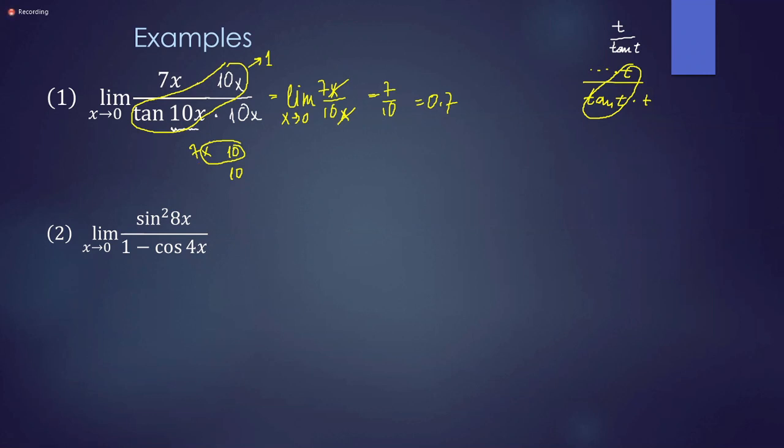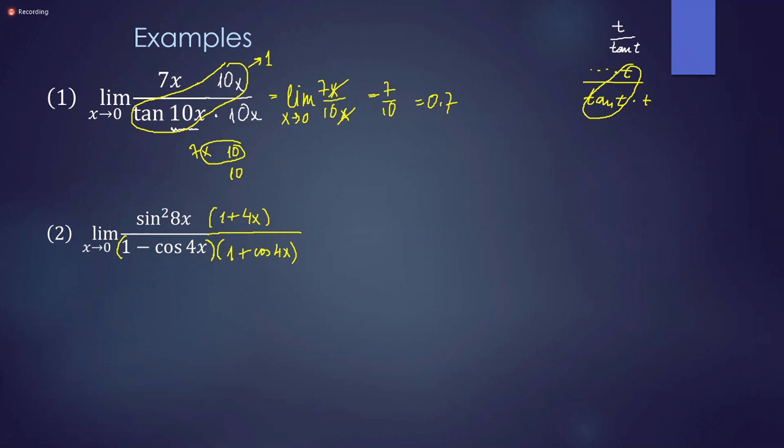It's a bit more difficult to remember how to change 1 minus cosine something into sine squared, for example. We have the formula, but I am using this method because it is maybe a little bit longer, but it's simpler. It's simpler to multiply by a conjugate expression.